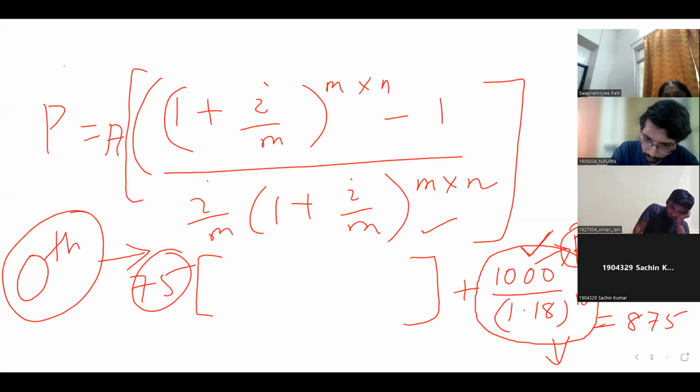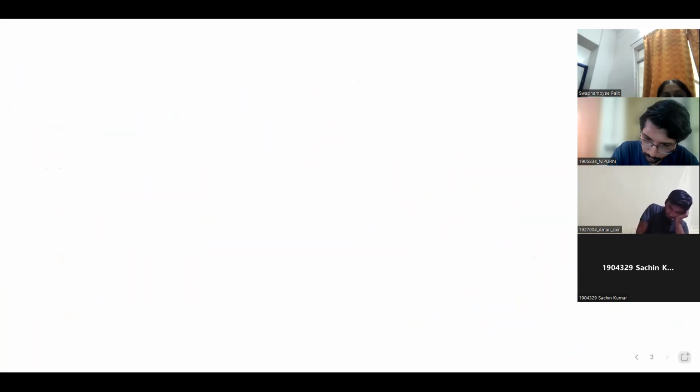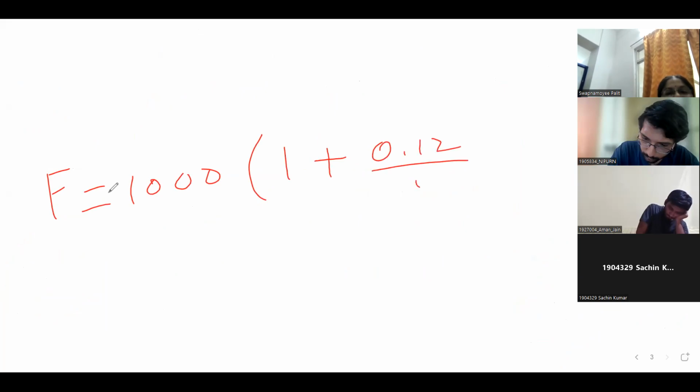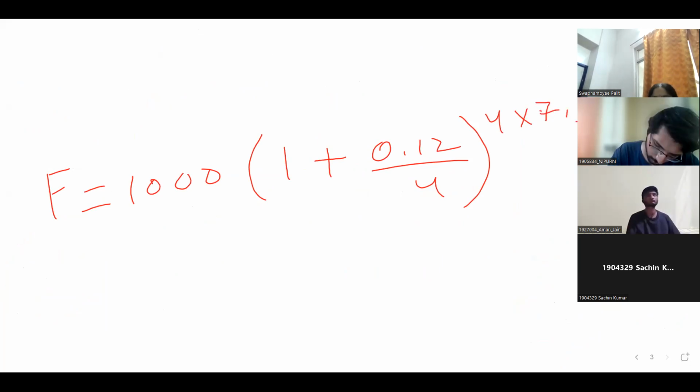Can you see the board? Yes, ma'am. So your F is, this is your 1,000 your present value. Then this is a multi-period compounding. So this is 0.12 by 4, 4 into you take 7.5. 7.5 years now, you take 7.5. Just solve.